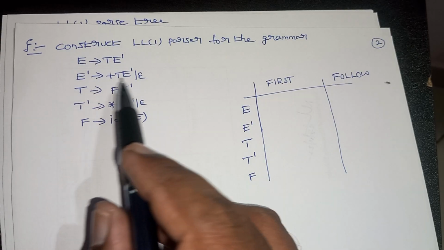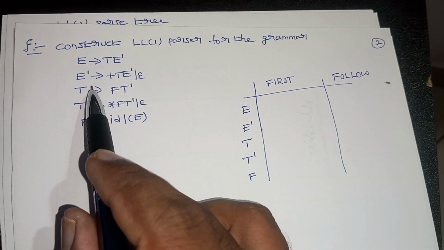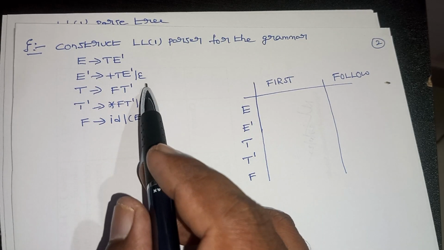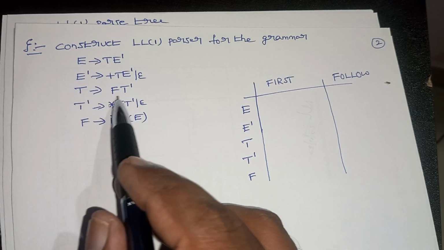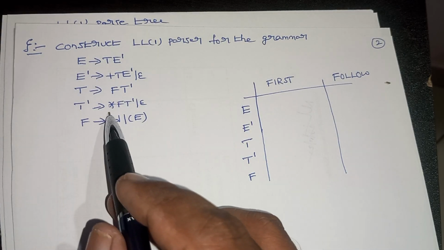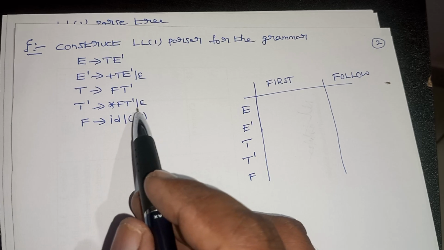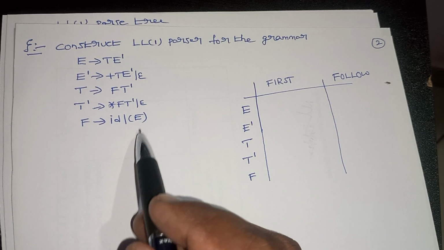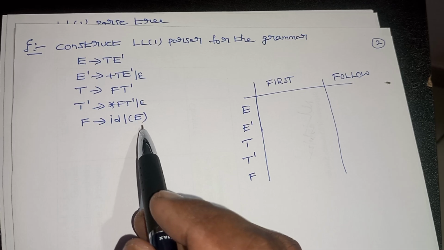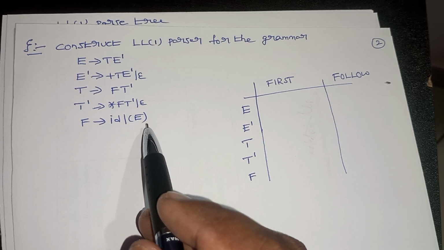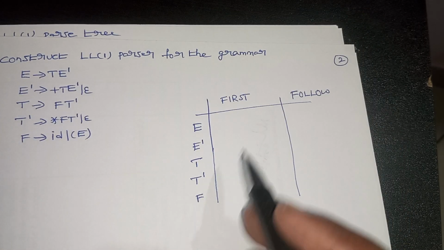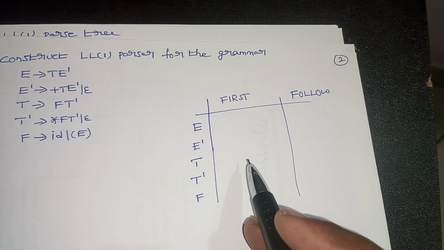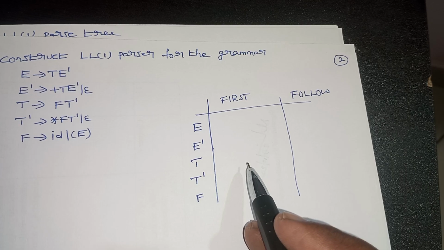E tends to TE', E' tends to +TE' or epsilon, T tends to FT', T' tends to *FT' or null, F tends to id or (E). We have to fill the first and follow. Using first and follow, we are going to construct the LL(1) parsing table.